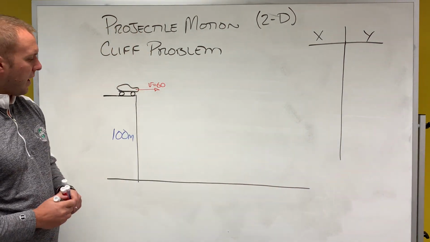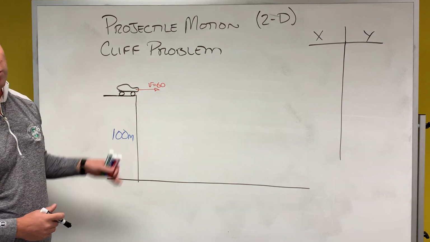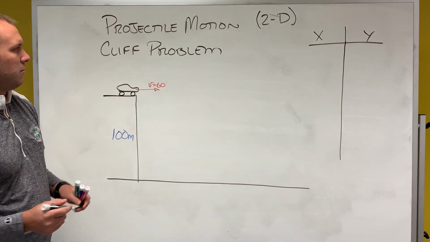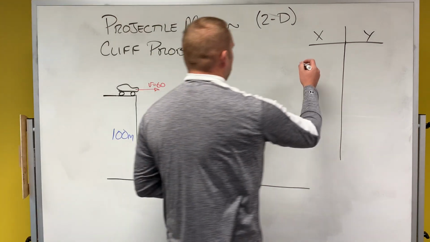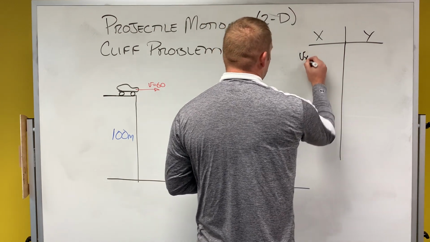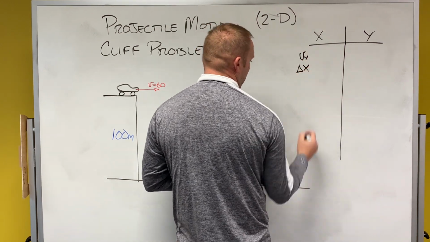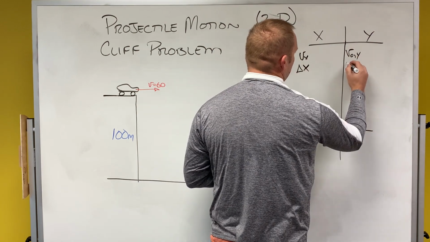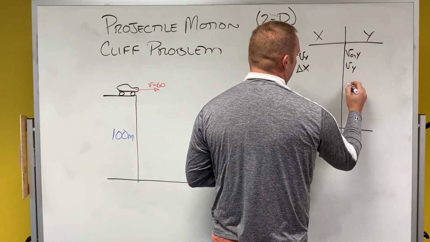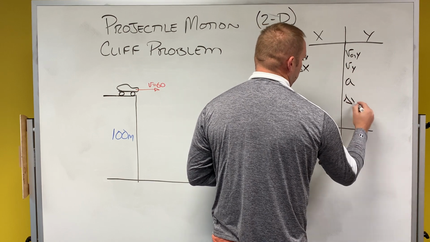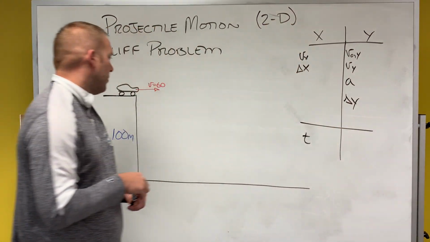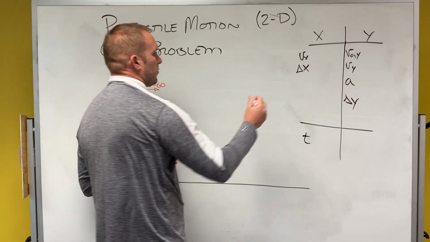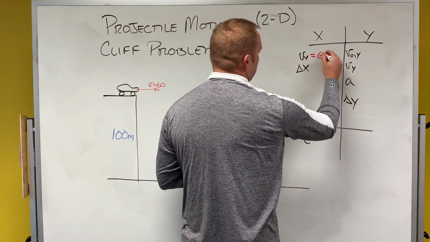So what we can look at is both its x motion and its y motion independently again, right? So we're going to identify the velocity in the x, we have displacement, and we have time. We have initial velocity in the y, we have final velocity in the y, we have acceleration, and we have displacement in the y. So things we can identify: my initial velocity is 60.